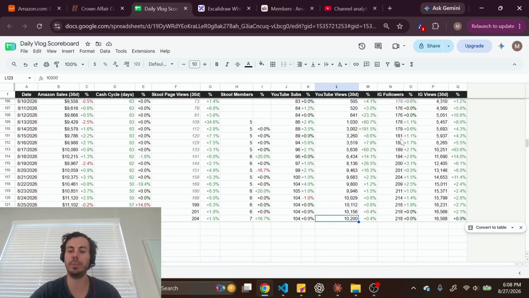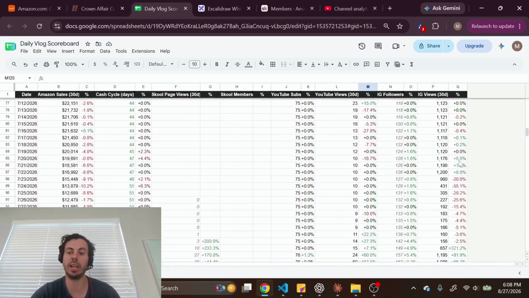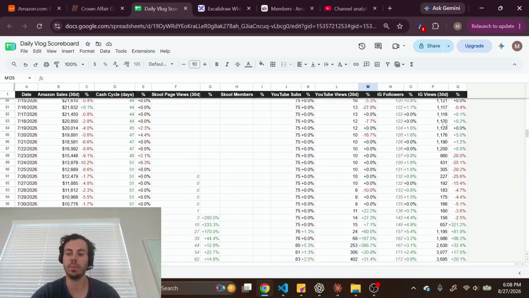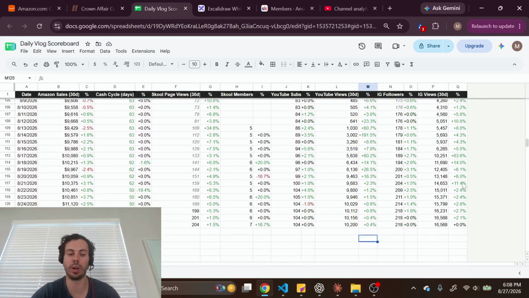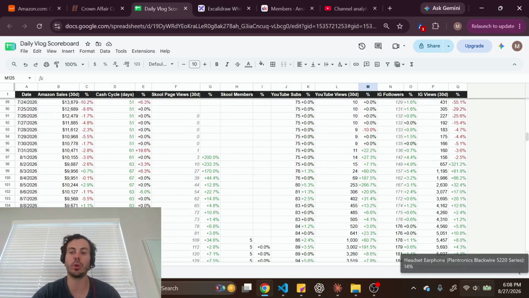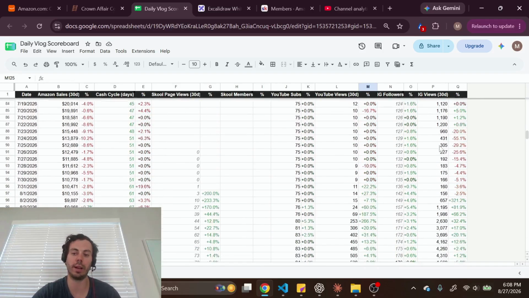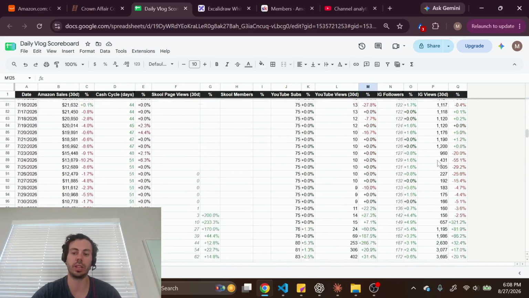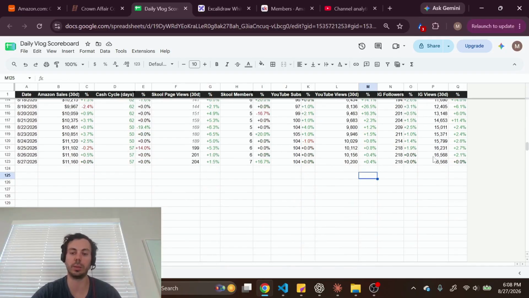So pretty sweet. Everything's in green. These IG views, I mean, they were abysmal before, just a couple hundred, and then boom. This is insane. This is really cool because this is for the last 30 days. This is a 30-day rolling average. And so 16,000 in the last 30 days. So as you can tell, that's when I actually started posting 3 times a day. Whatever I was posting on Shorts on YouTube, I was also posting on IG.